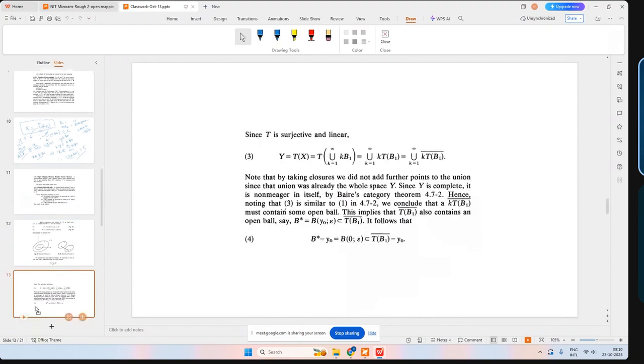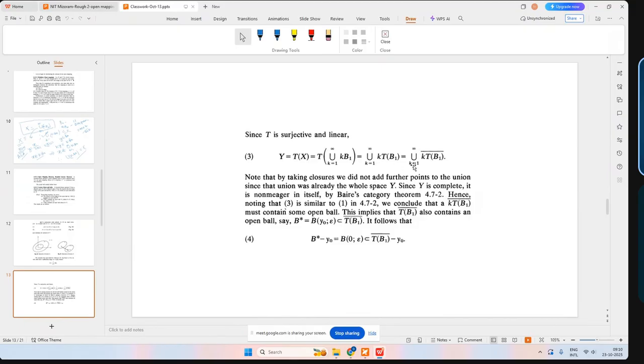And therefore, if you look at Tx, that is the image of x under T, that is Y. This is Y because it is onto. So since T is surjective, the range will be the whole of Y. And this is nothing but set theory: Y equals T of the union, and that is nothing but the union over k equal to 1 to infinity of kTB1.